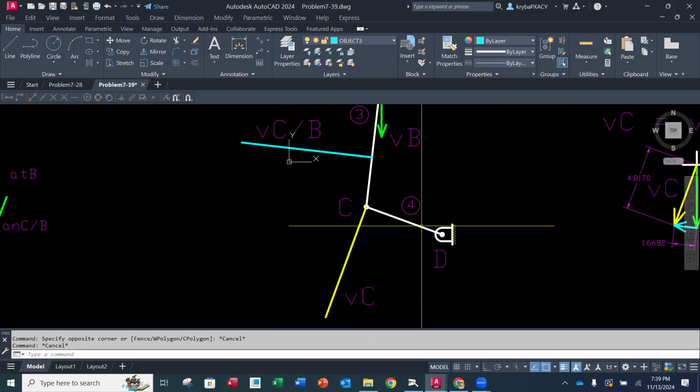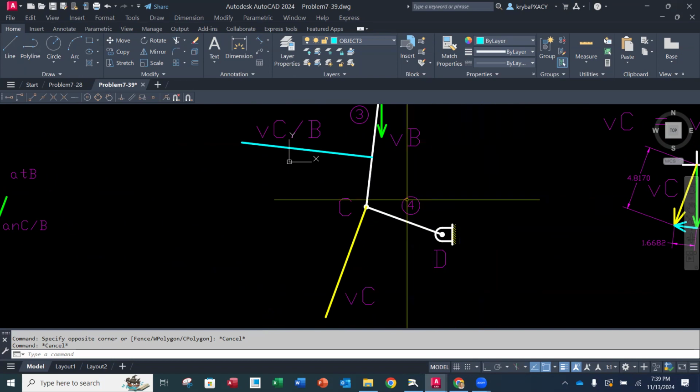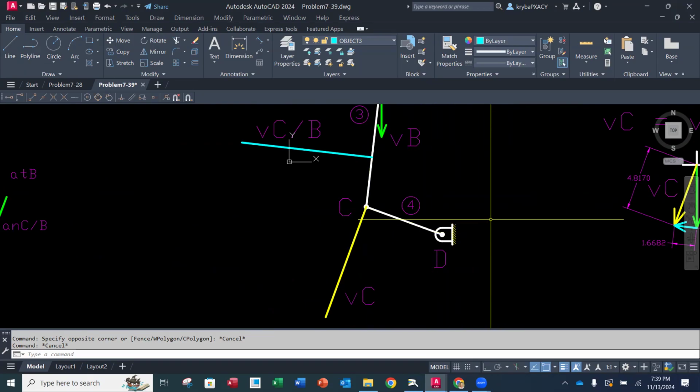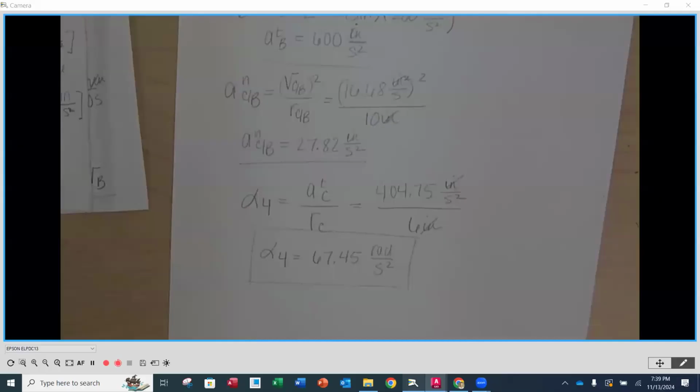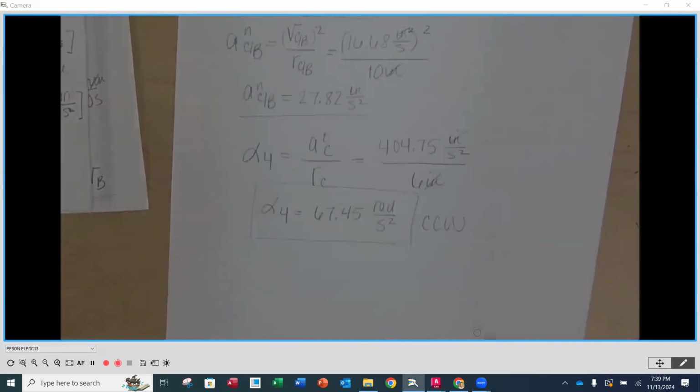We also found out that the angular velocity is going counterclockwise, and so will the acceleration. That means it's speeding up, okay? Because the acceleration ends up being in the same direction as the angular velocity. So this is going to be counterclockwise.